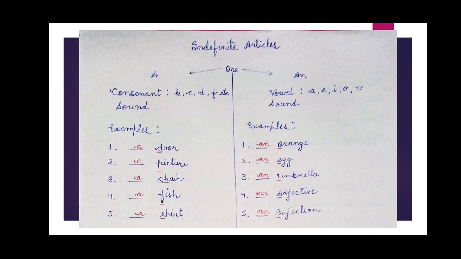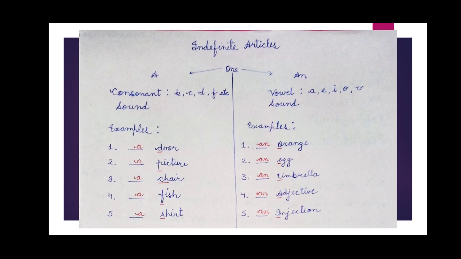Now you see the difference when we will use an with some examples. So example number 1, orange. The first sound is of a vowel, so we would say an orange. The next, egg. The first sound is e, so we would use an egg.